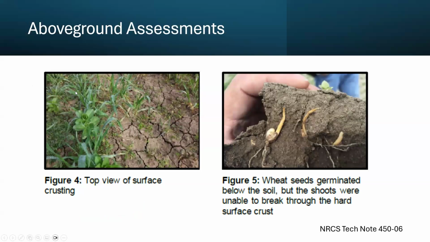Crusting, right? If you can go out into a field and dig your hands into it, no matter what time of the year, that's great. If you go out into a field and that soil is rock hard, not good, right? If you can't dig into it with your hands easily, you can't take a knife and dig into it, and you have to resort to a shovel or a jackhammer to get down in there, that's a problem, right?